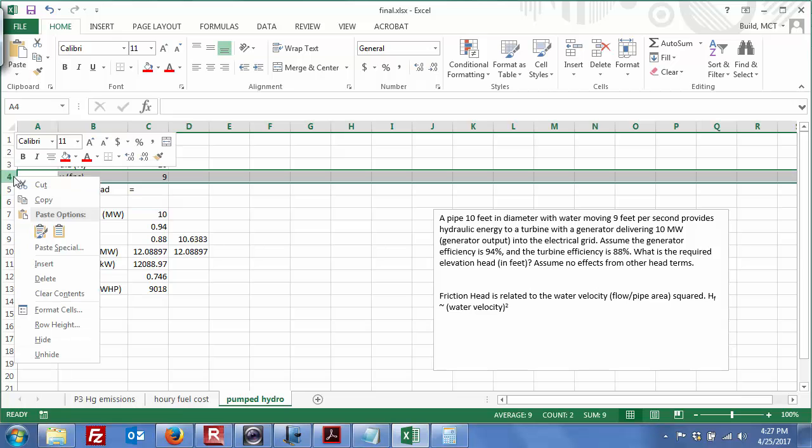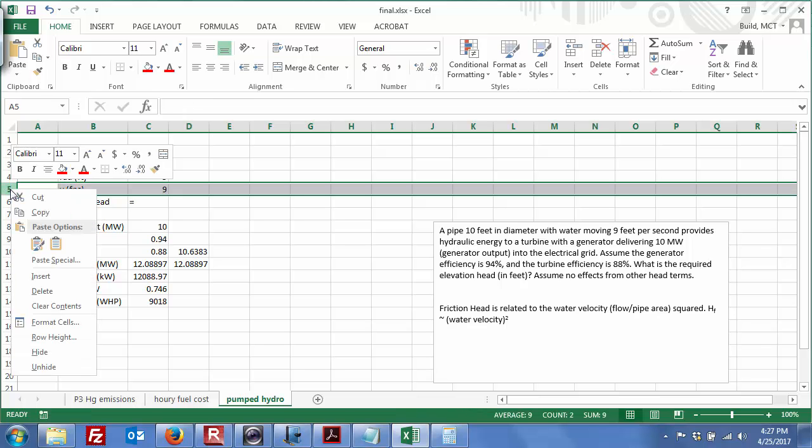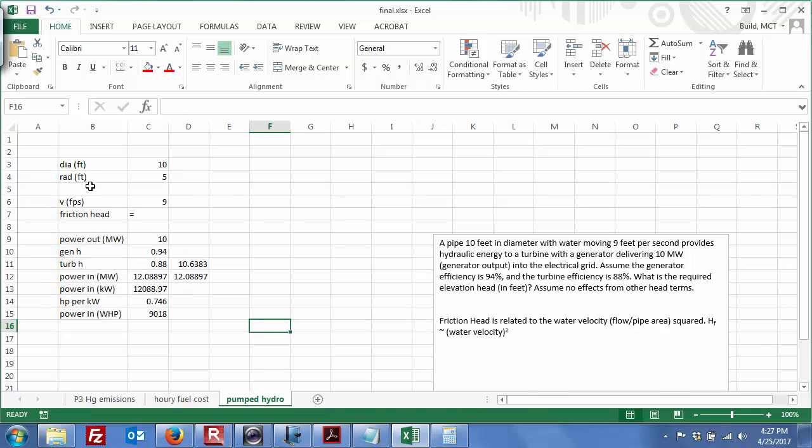Let's get this in here. Insert radius feet equals that by 2. Insert area feet squared equals pi times radius squared.